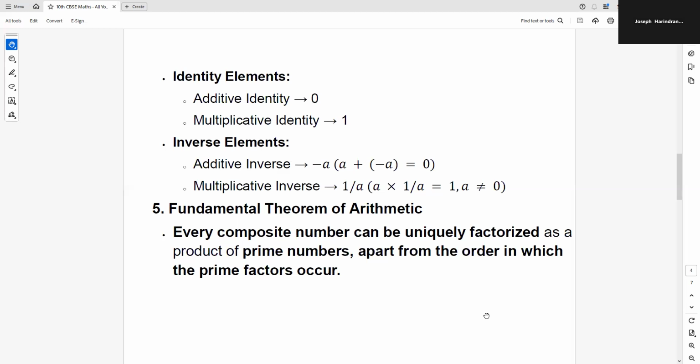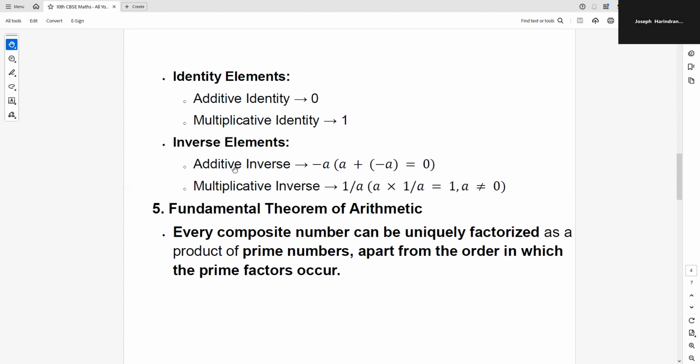Identity elements. Additive identity is 0 because when you add 0 to any real number, you will get the same number. That is why it's called additive identity. Multiplicative identity is 1 because when you multiply any real number by 1, you will get the real number itself. That is why it's called multiplicative identity.